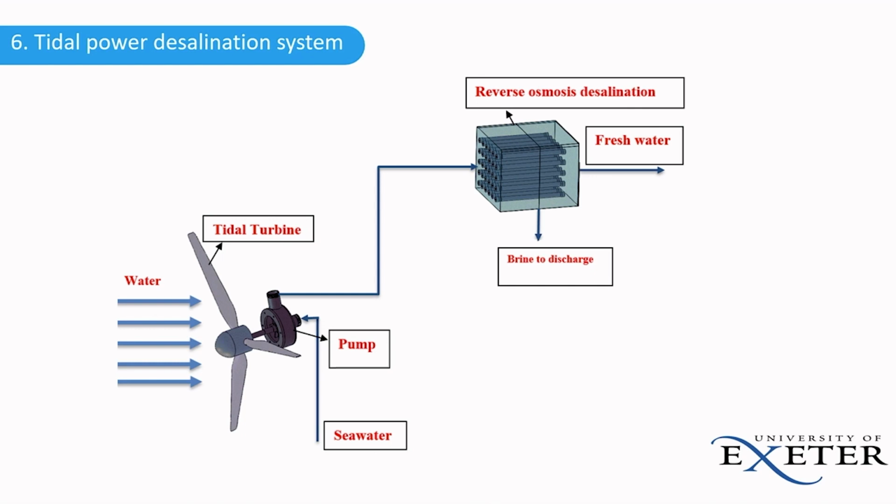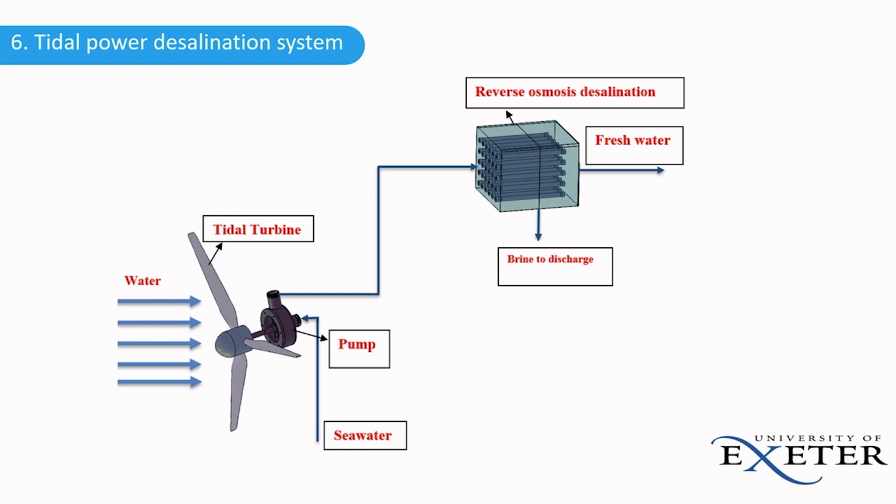Finally, we can combine a reverse osmosis desalination unit with a tidal turbine to make fresh water. As you remember, reverse osmosis desalination systems need too much energy. A tidal turbine can be used to provide that energy.